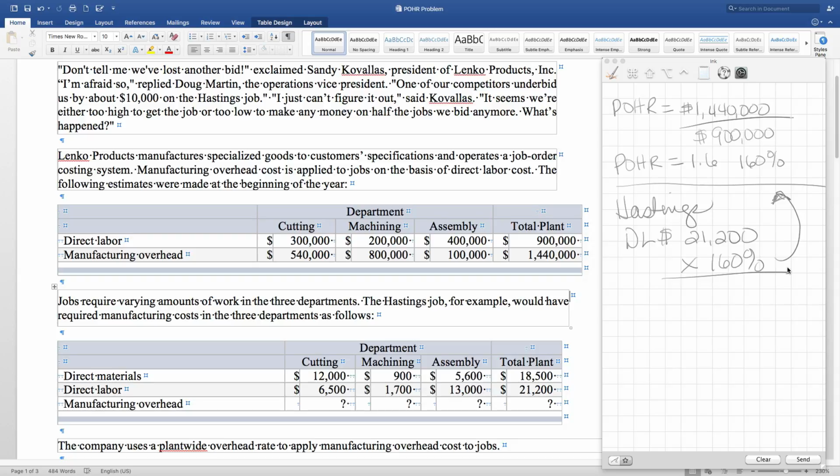I'm looking for my calculator. All right, finally. 21,200 times 160%.